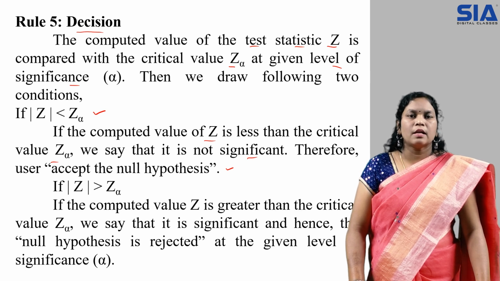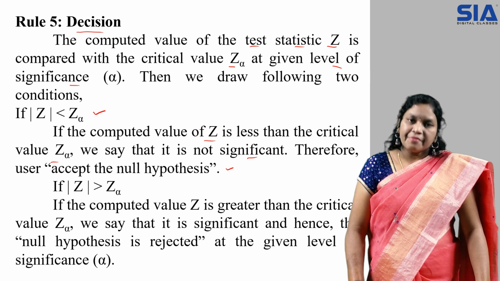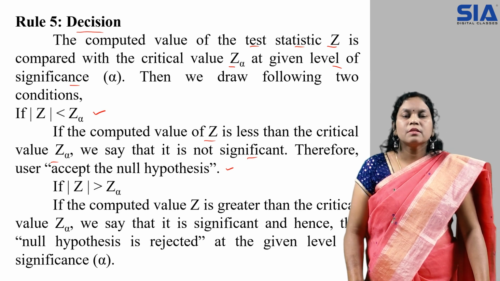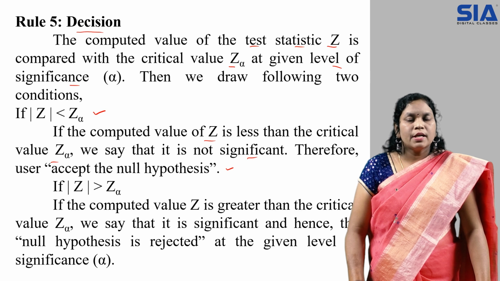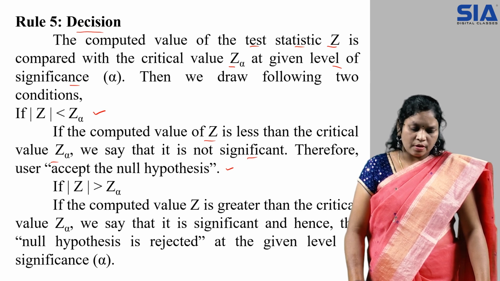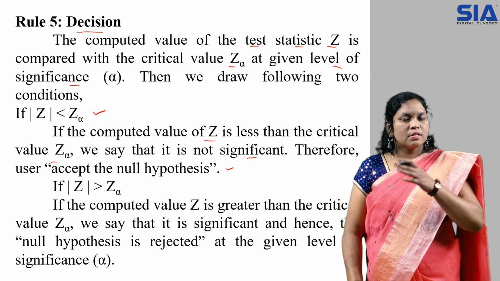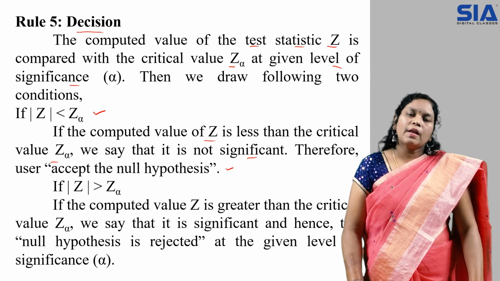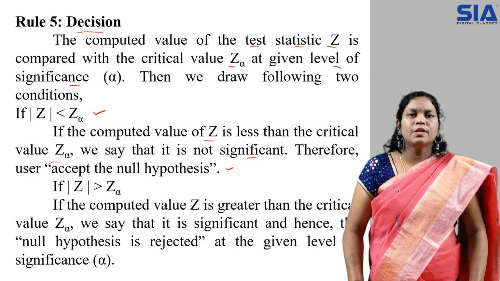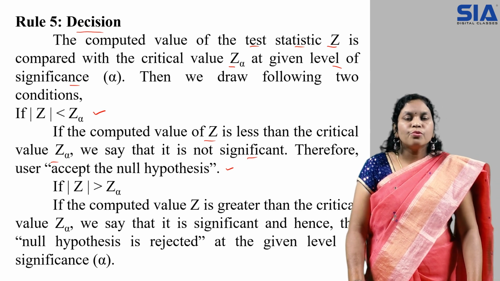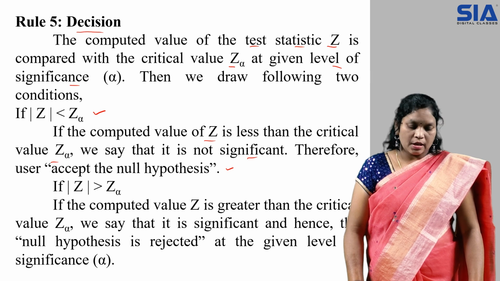We'll accept the null hypothesis when our calculated value is less than the table value, that is, the critical value. Whatever statement we have given in the null hypothesis is true, and we clarify that in the conclusion.